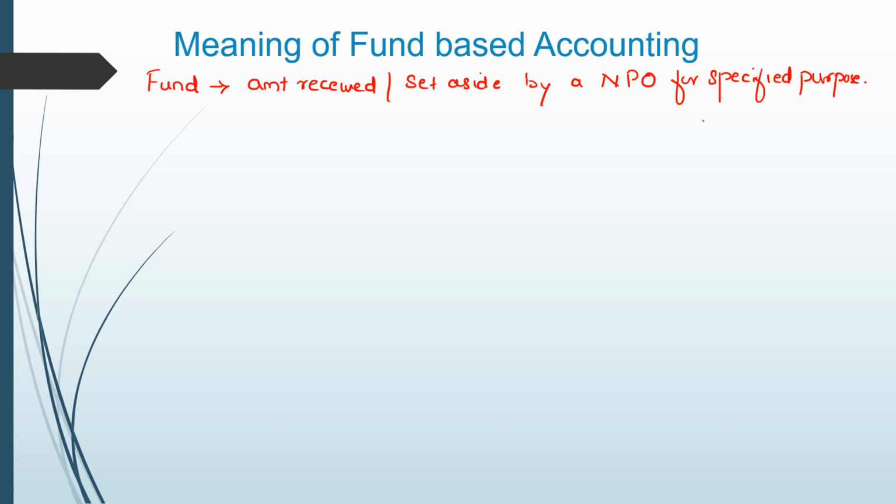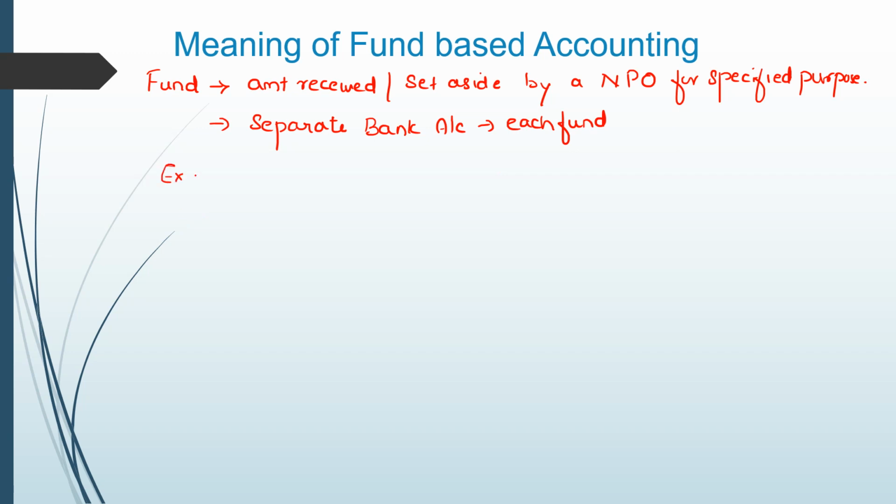So for some specific purpose, an amount is allocated. Now, a not-for-profit organization will maintain separate bank accounts for each of these funds. So for each fund, it will maintain a separate bank account so that the amount put into that particular bank account will be used only for that particular specified purpose.